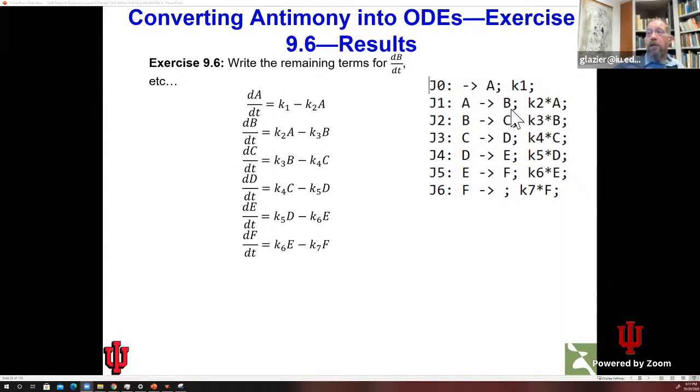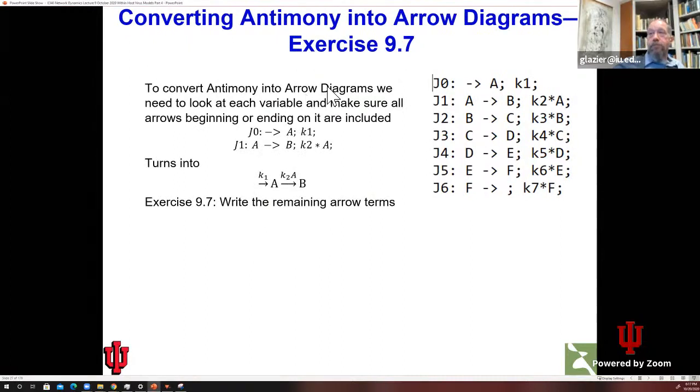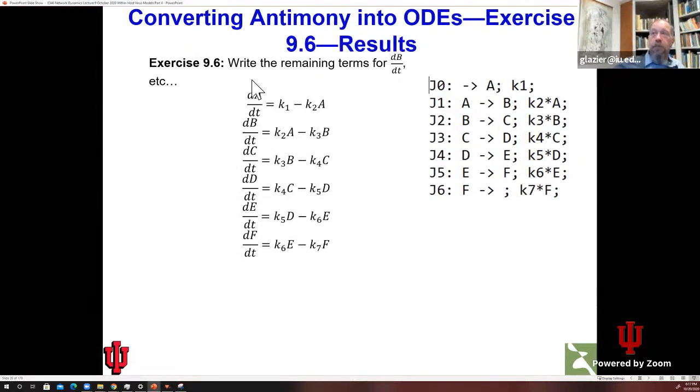And so if I look here, that first equation generates a balance here, second one balance here, third balance here, fourth balance here, fifth balance here.